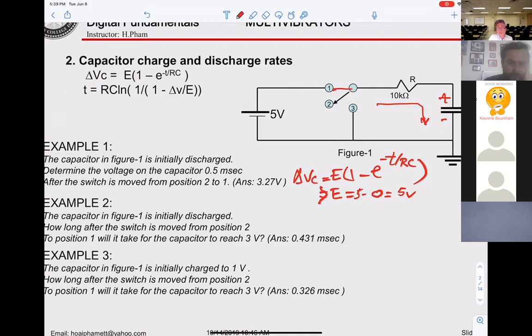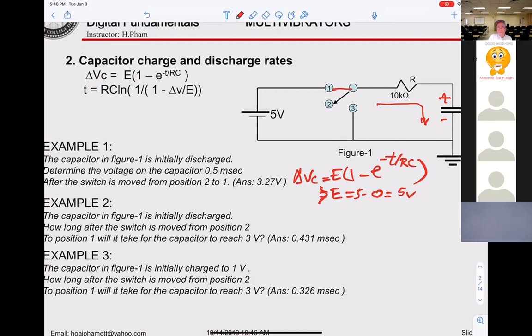Okay? So now if I say let the capacitor fully charge, what is the current flowing through the resistor? If the capacitor is fully charged, my question is what does the current go to?